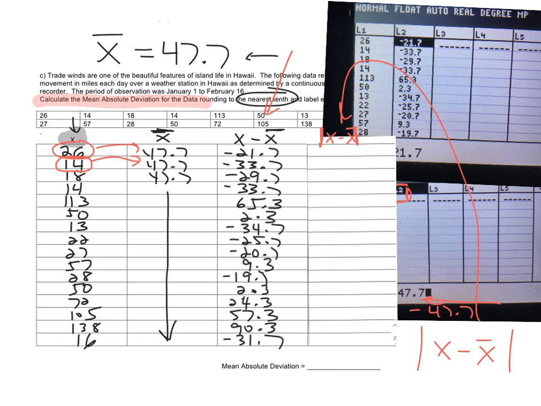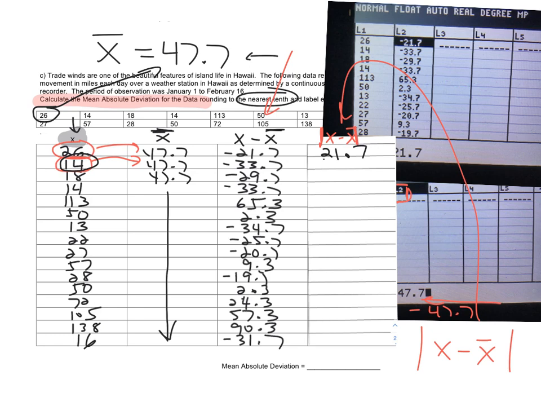For example, this first number, negative 21.7, I'm going to write positive 21.7. What does that mean? That means the data value of 26 is 21.7 away from our mean. It's 21.7 away from 47.7.